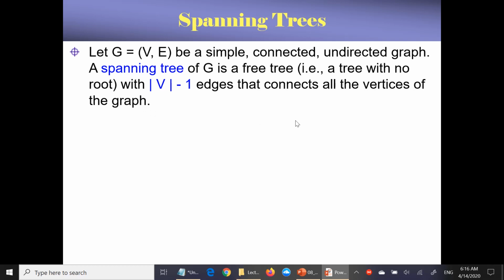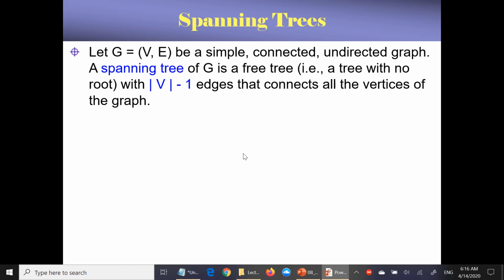So essentially it is a version of that graph that has the fewest possible edges that will still connect all the vertices. Obviously, that type of graph will have one less edge compared to the number of vertices.